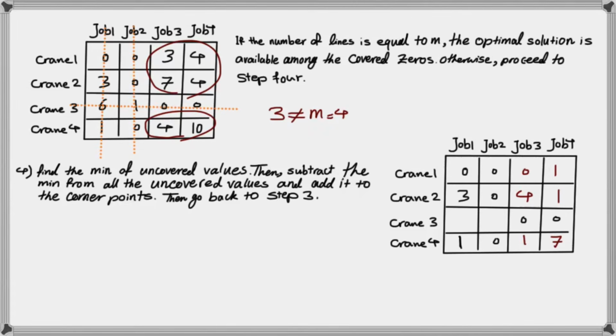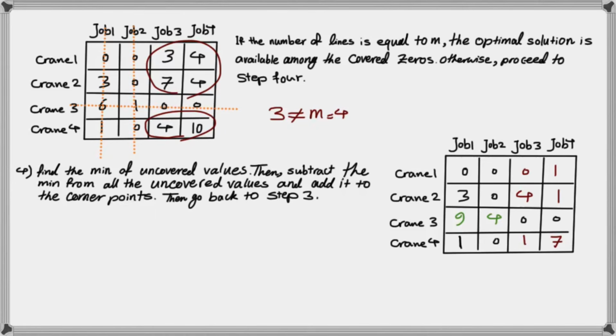Now I have to add it to the corner points or intersection points, which are 6 and 1. If I add 3 to those intersection points, I get 9 and 4. The rest of the points remain untouched. I don't do anything with the rest of the values and copy them as they are in the new table.